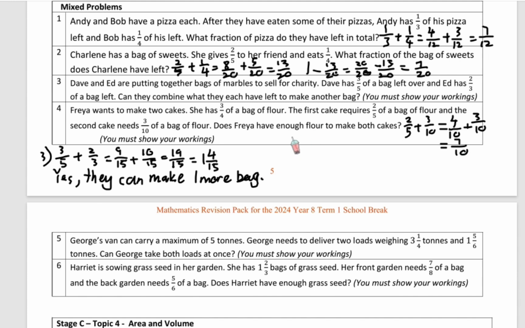And now we will take 3 over 4 minus 7 over 10, which is 30 over 40 minus 28 over 40, which will leave 2 over 40, and simplify it.